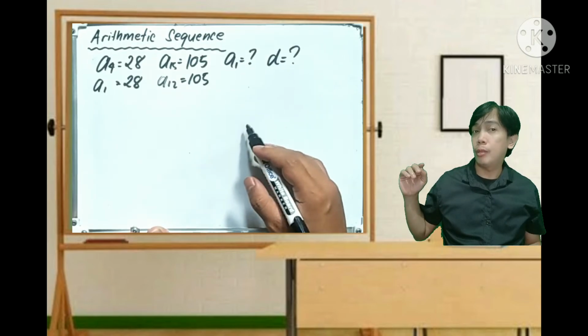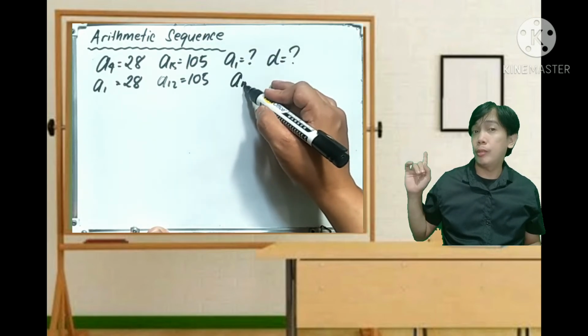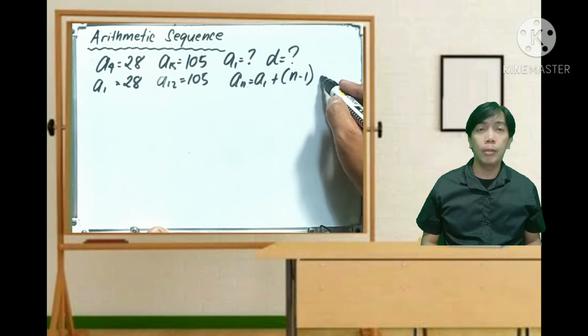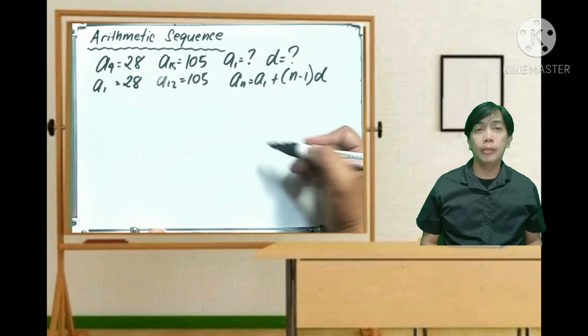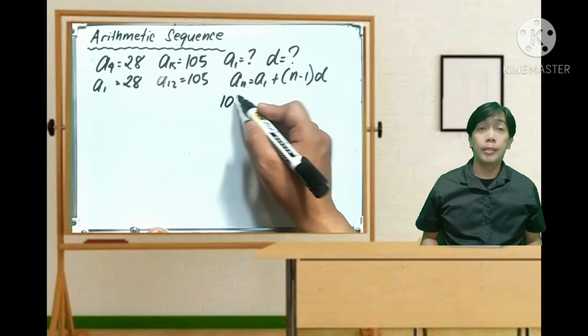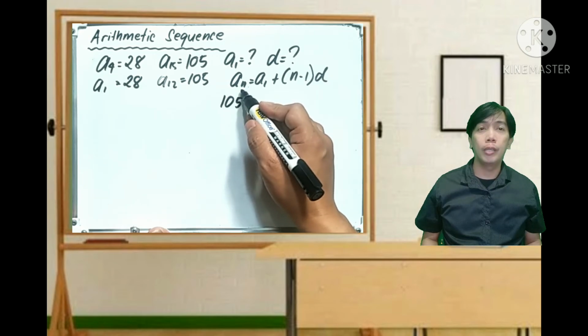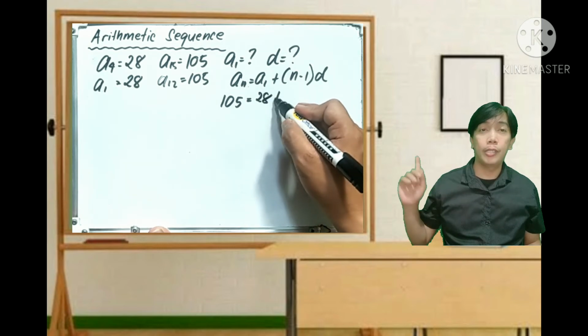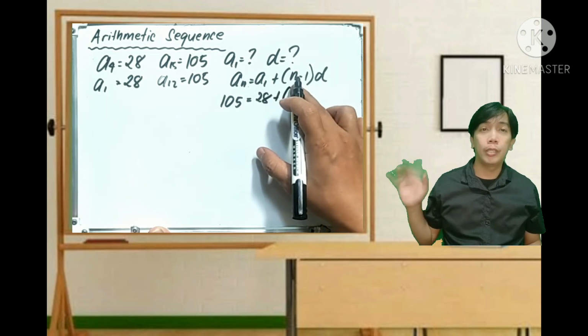Okay, so again, we have the formula a sub n is equal to a sub 1 plus n minus 1 times d. Since our last term here is 105, we can denote this as our a sub n, the last term, 105. Our a1, which is 28, plus the nth term.